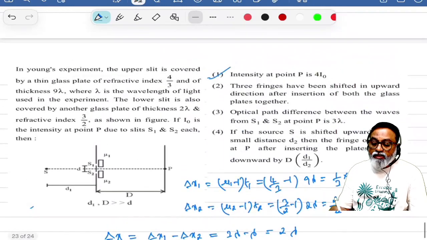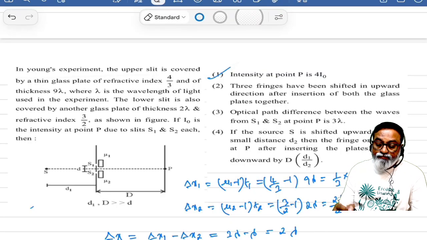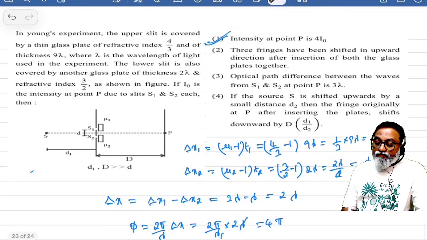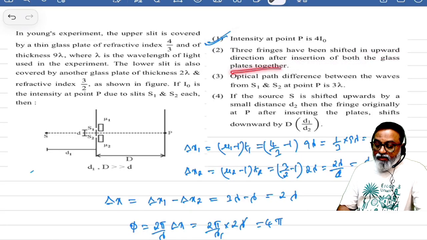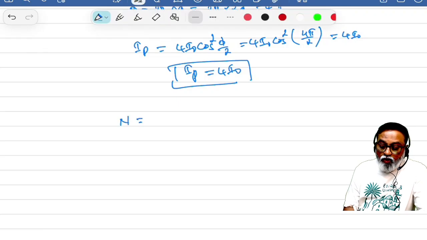See the first option: the intensity at point P is 4 I naught. Therefore, option 1 is correct. Then what about option 2? It says 3 fringes have been shifted in the upward direction after insertion of both the plates together. The number of fringes shifted, n, is equal to total path difference by lambda.